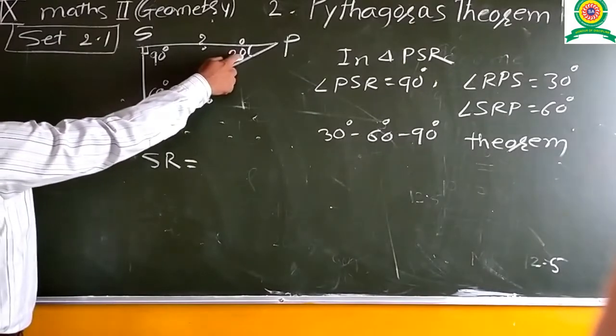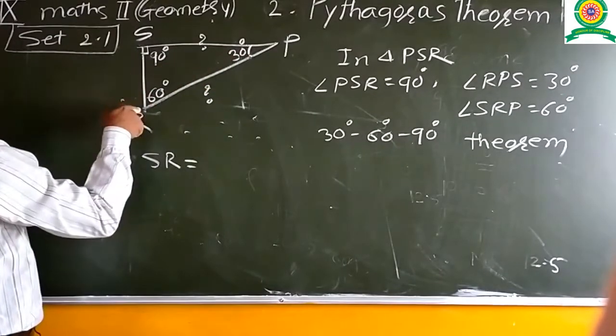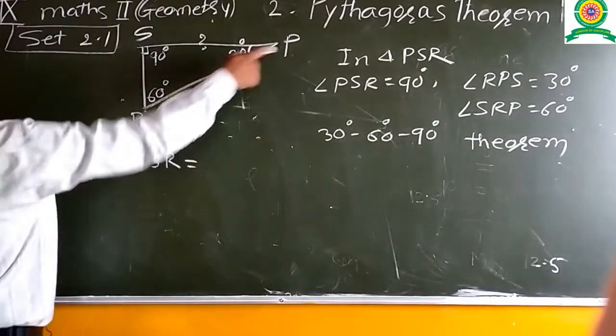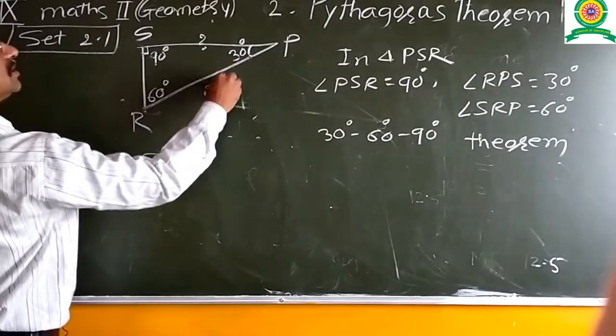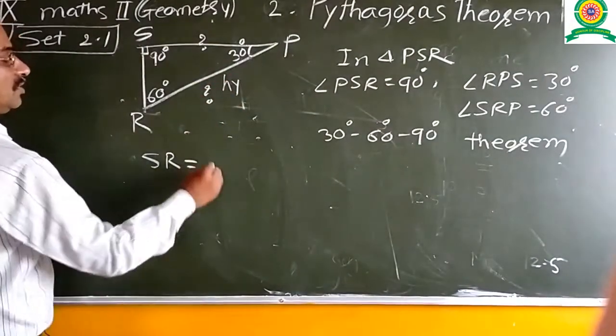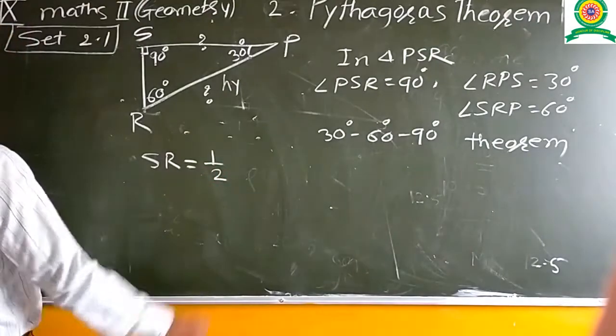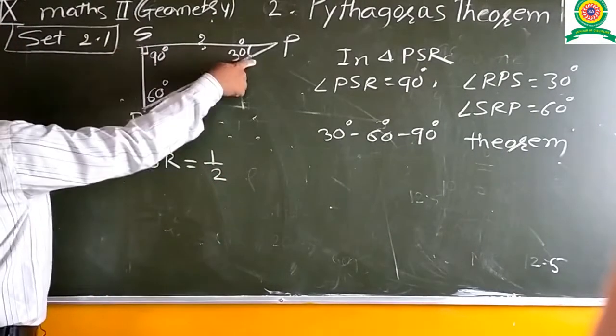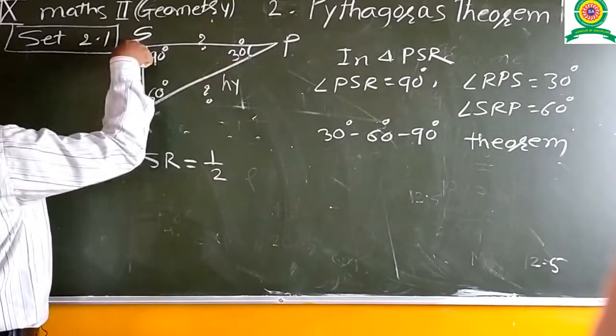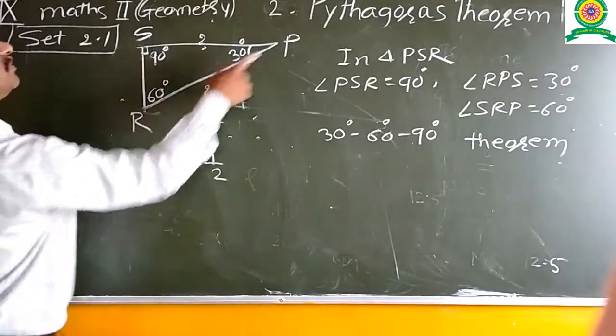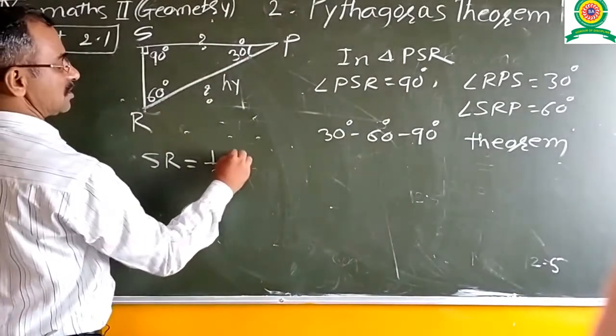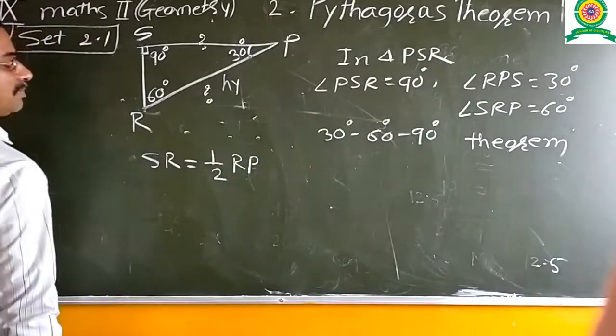The side opposite the 30 degree angle is half of the hypotenuse. This is the hypotenuse. So the side opposite the 30 degree angle is equal to 1/2 into RP.